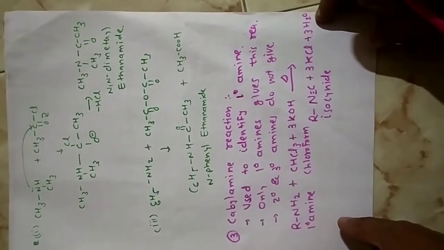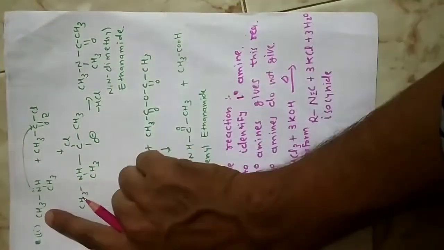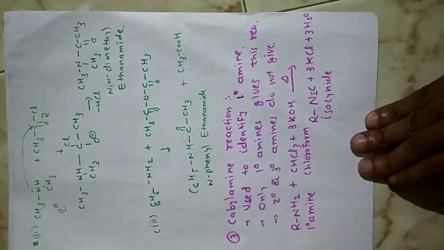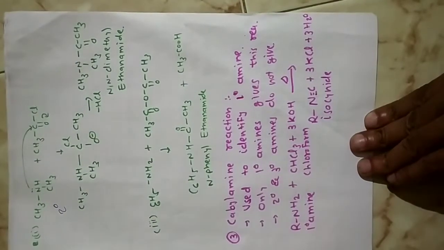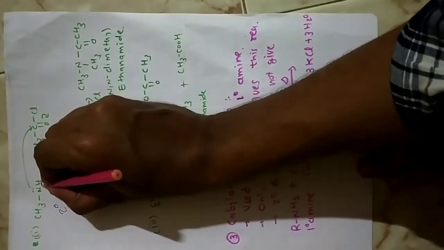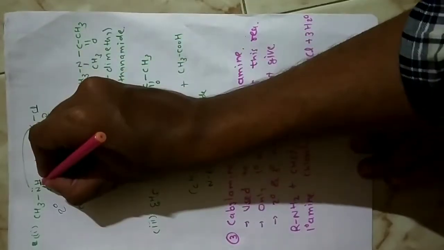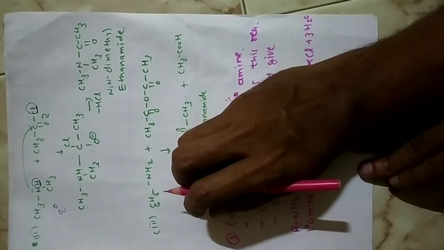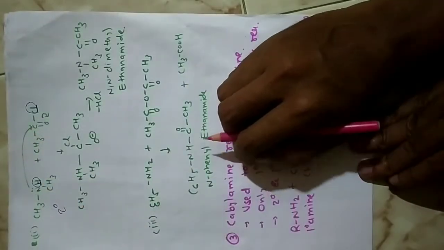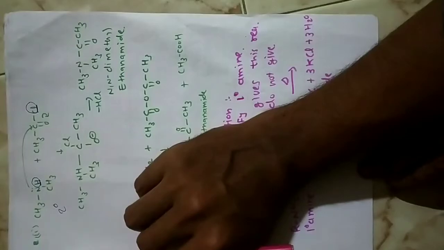You can see the next example, CH3 NH CH3. Now this is our 2 degree amine. What happens here? Hydrogen and Cl both make HCl, and the remaining part you have to attach here.